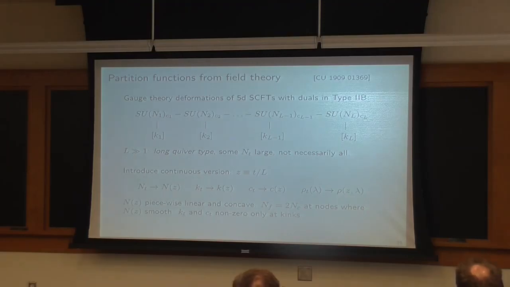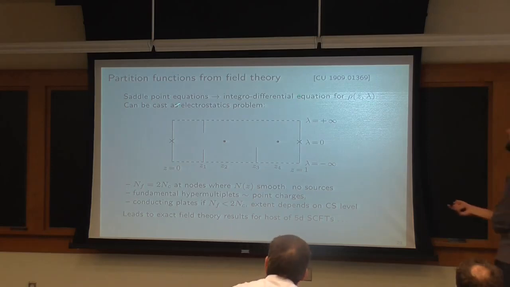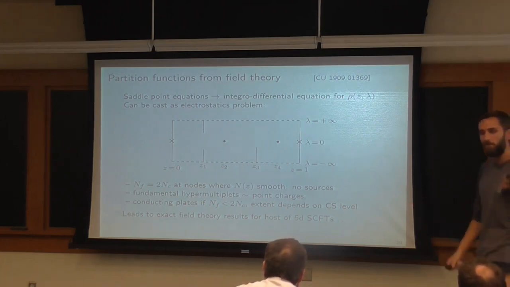And if you feed this into this matrix integral, make the transition carefully, and mess around with it for quite some time, you find that these saddle point equations become some integral differential equations for this function of two parameters, and it can be converted to an electrostatics problem. So all I have to do is solve an electrostatics problem.